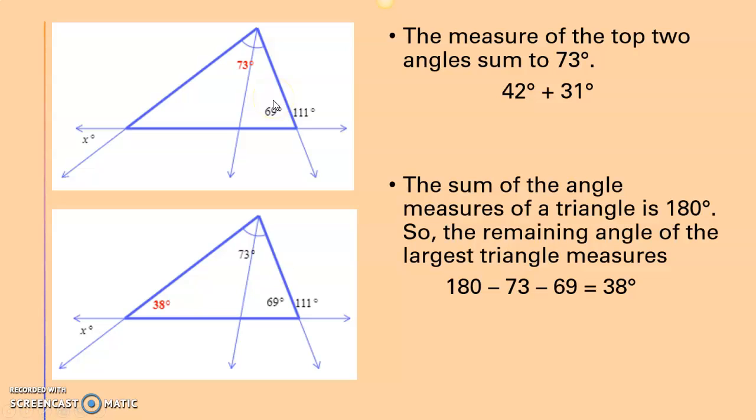We know that the sum of the angles in a triangle equals 180. So we can do subtraction to find this angle. We can take 180 minus the 73 that we know here and minus the 69 to give us 38 degrees for this angle right here.